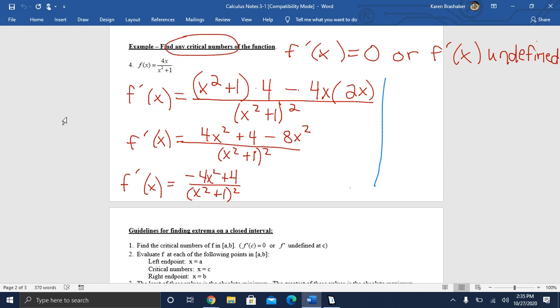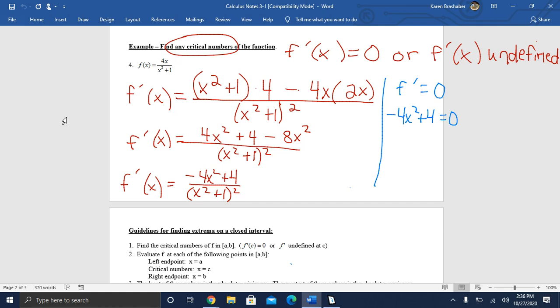All right, so there we've got our derivative. To find the critical numbers, we'll first look to see where f prime equals 0. Since this is a fraction, f prime is going to equal 0 where our numerator is equal to 0. So we can set the numerator equal to 0, and you have different ways that you could do this.